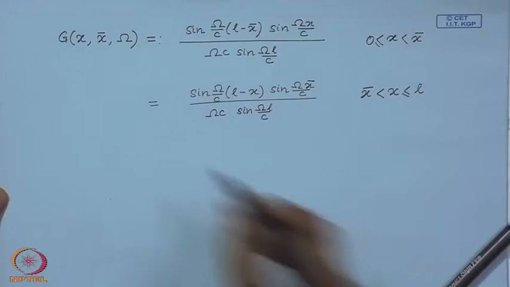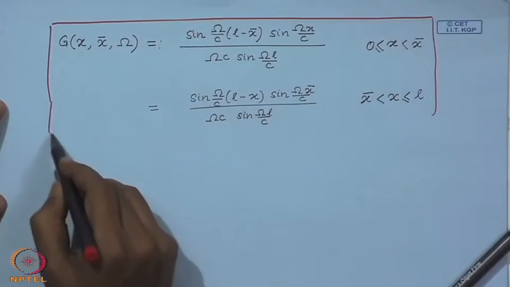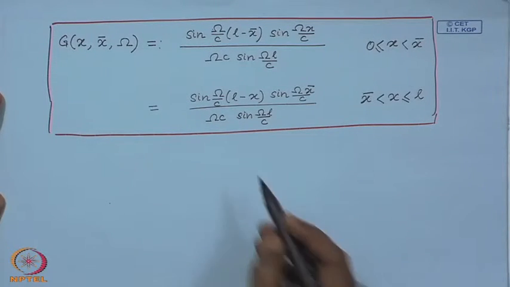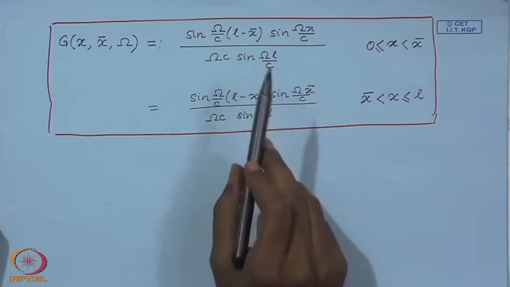So, this is our Green's function for the string when a concentrated harmonic force of circular frequency capital omega acts at x equal to x bar.